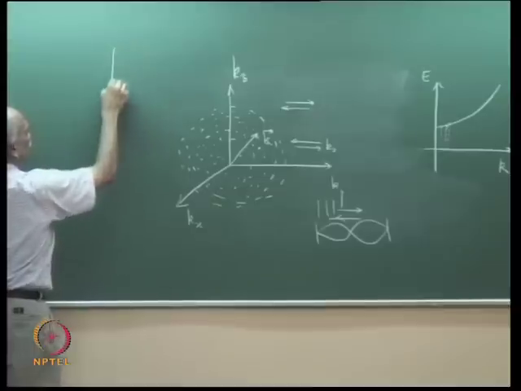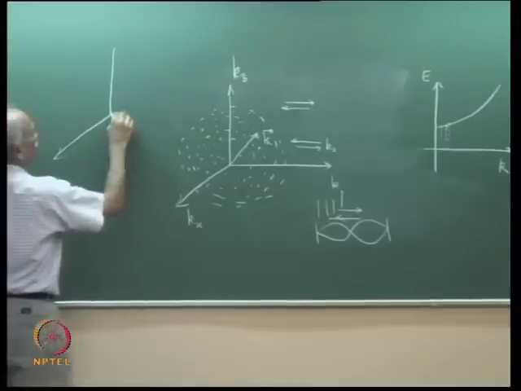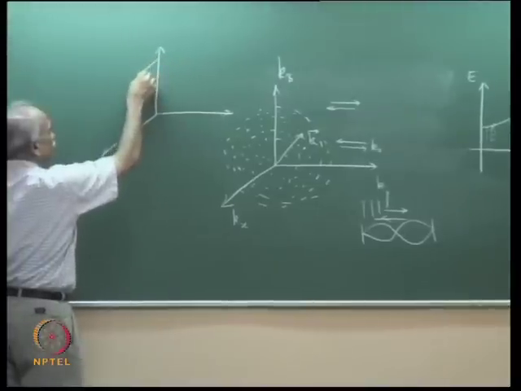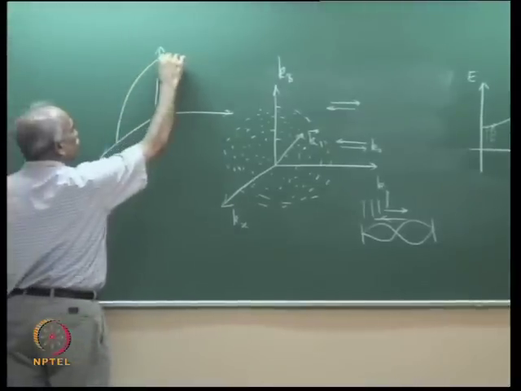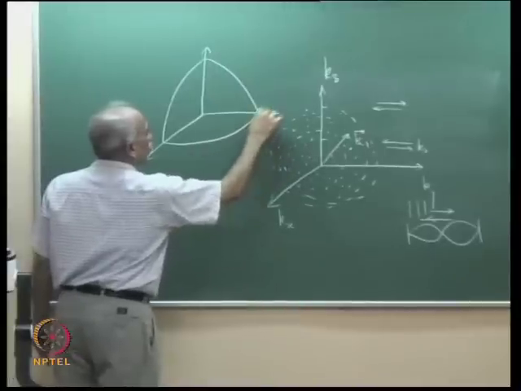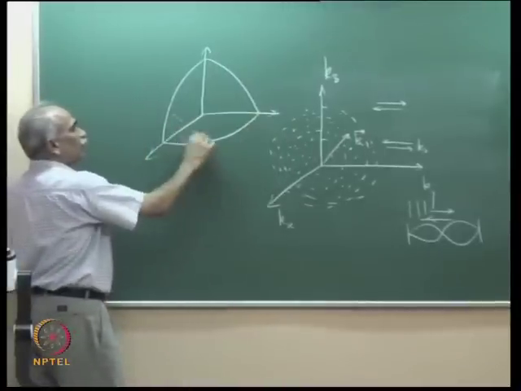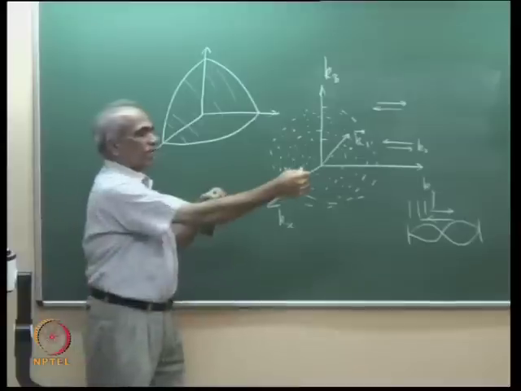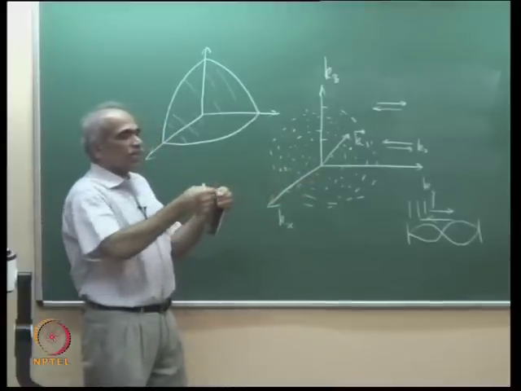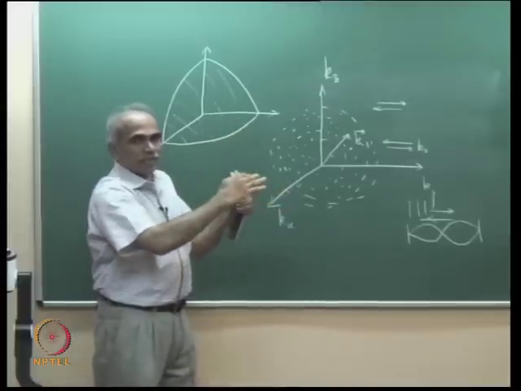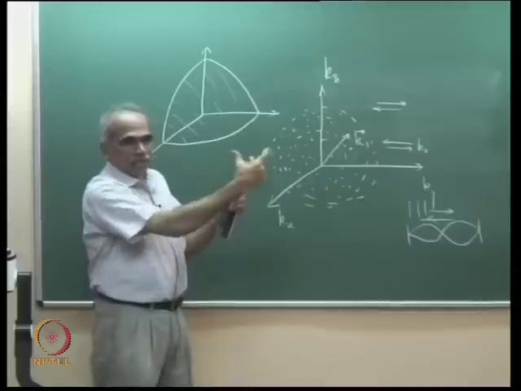So an octant is generally represented like this, 1/8 of the sphere, the positive part of the sphere. This is that portion of the sphere where you have Kx, Ky and Kz all positive. I hope you can imagine it is the octant, 1/8 of the sphere.